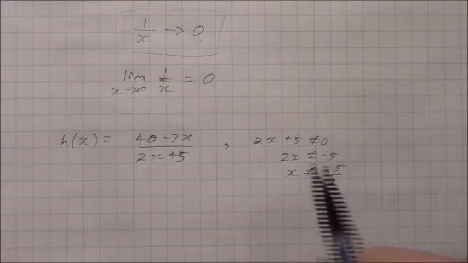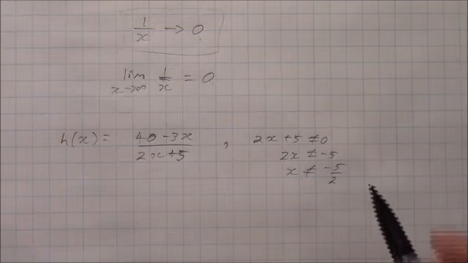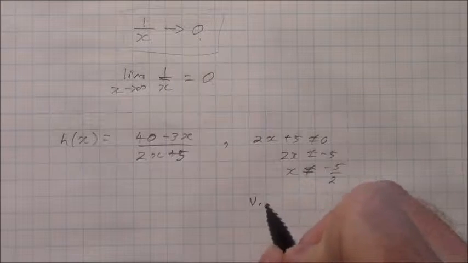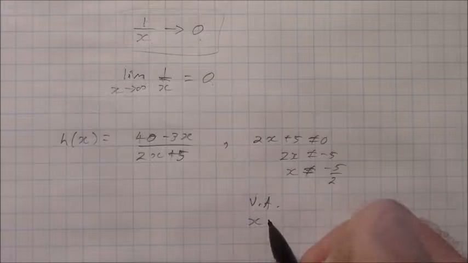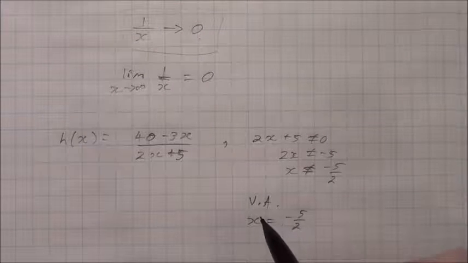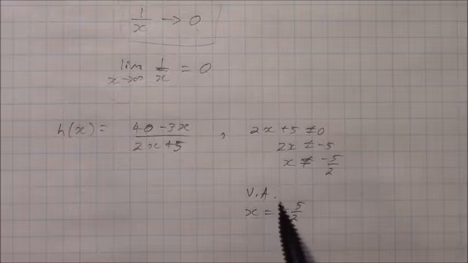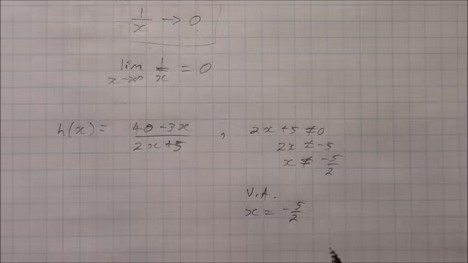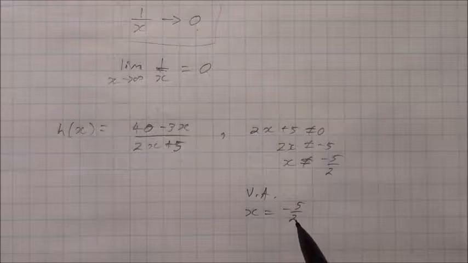So that's our restriction. And if x cannot equal negative 5 halves, then that tells us that the vertical asymptote is x equals negative 5 over 2. Because the vertical asymptote is a line, or an imaginary line, that the graph approaches but can never touch.